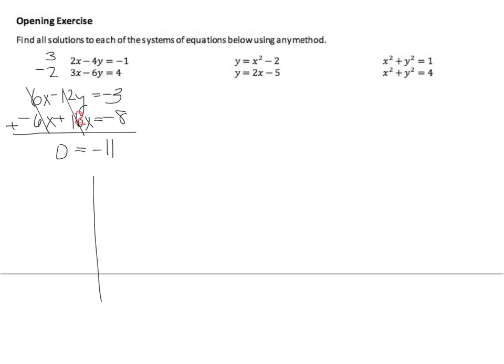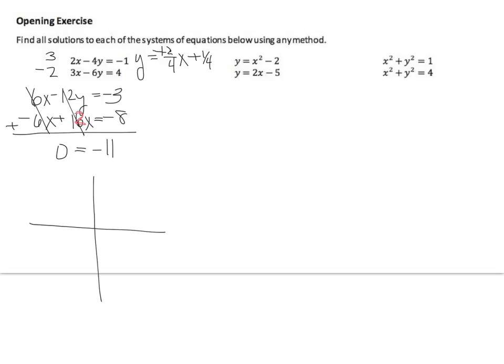If we graphed these, let's see, this first one, put it really quickly into slope-intercept form. I'd have y equals -2 over 4 x. Nope, that'd be positive 2 over 4x, plus 1/4.